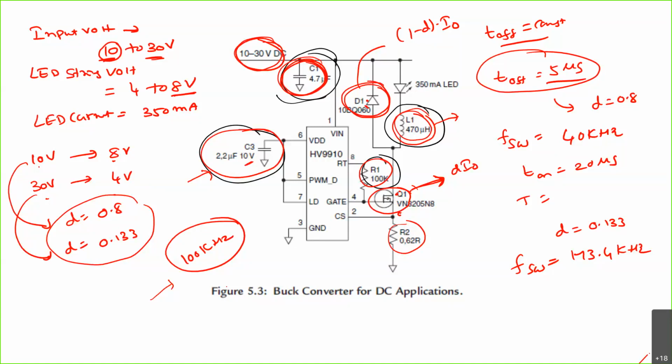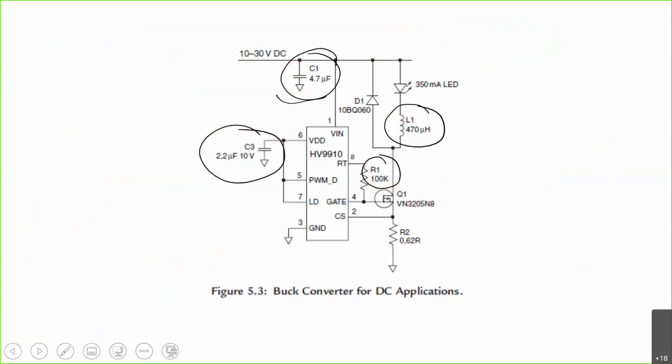Okay, so the fixing of these parameters is completed. The next thing is we need to choose the capacitor C1. This is the input side capacitor.